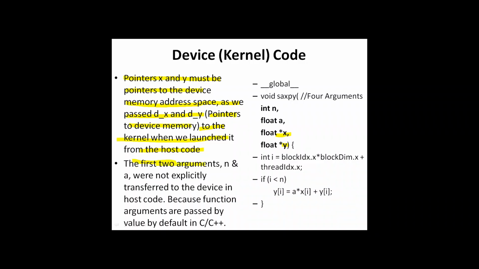The first two arguments, n and a, were not explicitly transferred to the device in the host code. These function arguments are passed by value. We are not passing their addresses; we are using the pass by value technique for these two arguments, and for x and y we are using pass by reference, passing their pointers or addresses.